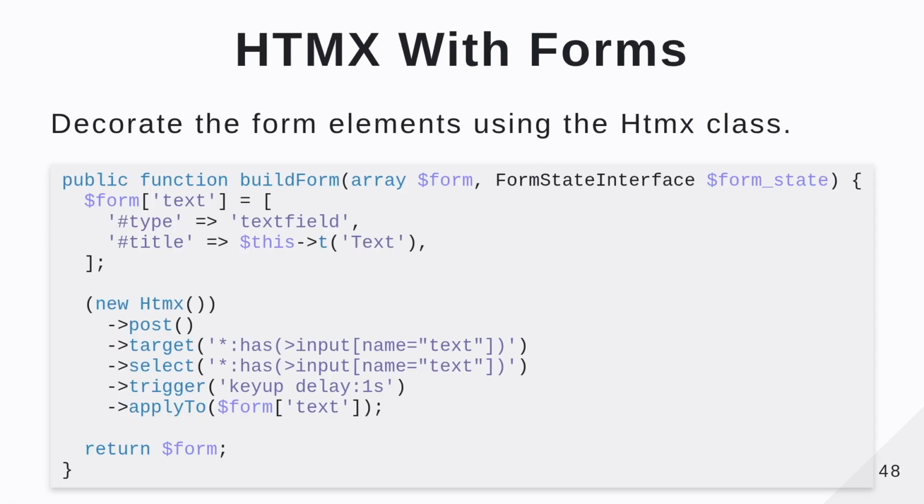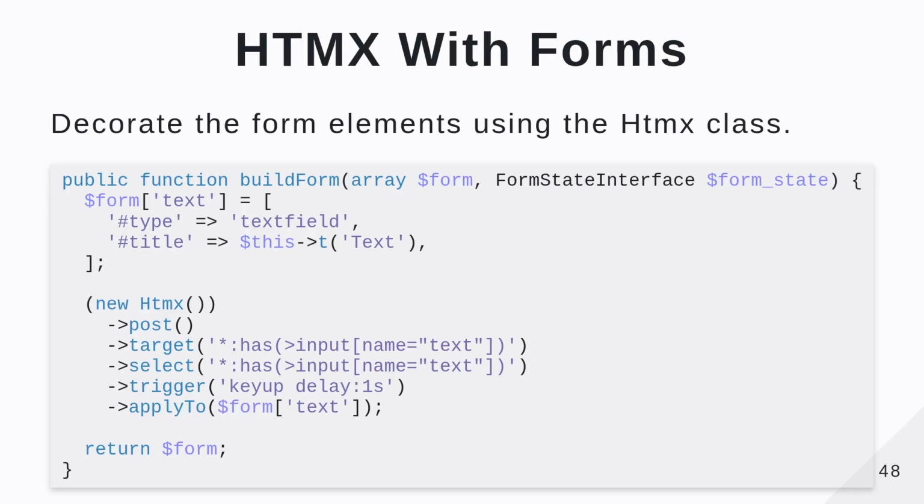So this is a text element, and we're decorating that with HTMX. And this archaic regex-looking stuff will look up the element on the page that has the name text, but it looks for the parent of that.